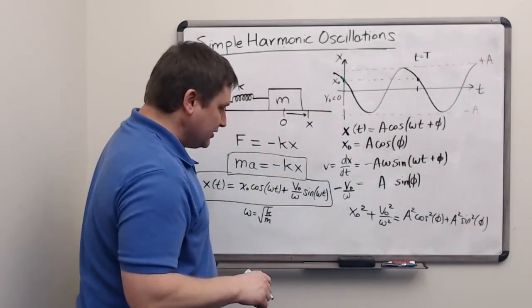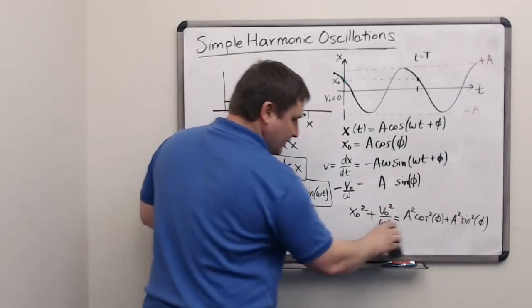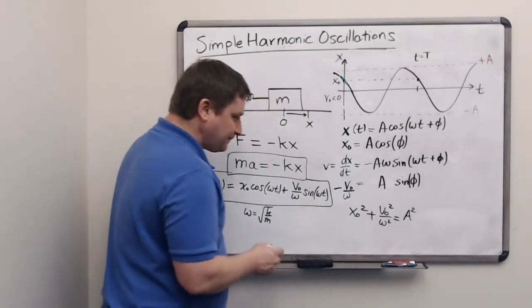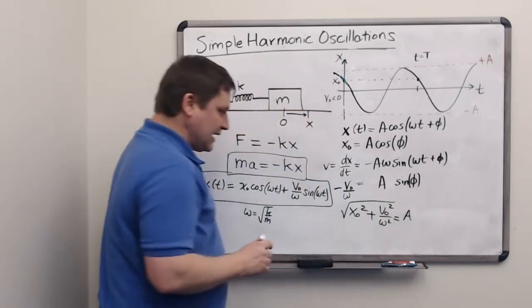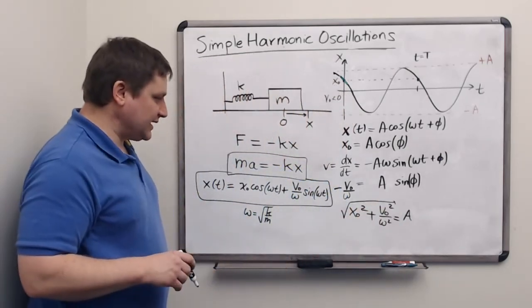And as we all know, cosine squared plus sine squared is equal to 1. So those eliminate any dependence on the angle, and we can take a square root of both sides and find out how to predict that amplitude from a given initial position and initial velocity.